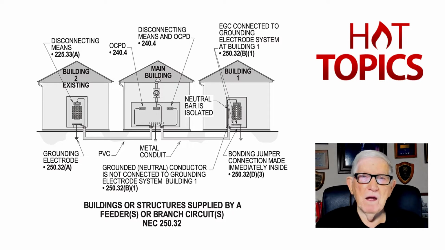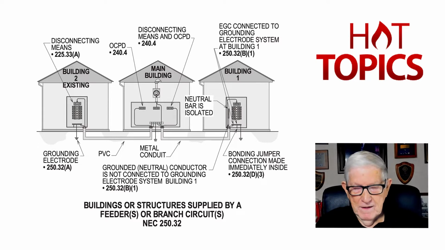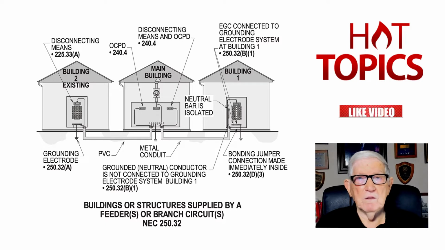Well, going back to the 1996 NEC, 250-24A dealt with grounded systems. And exception 1 to 250-24A would allow a branch circuit routed over there, single branch circuit, and the equipment ground could ground everything in building 1 back to the main building.